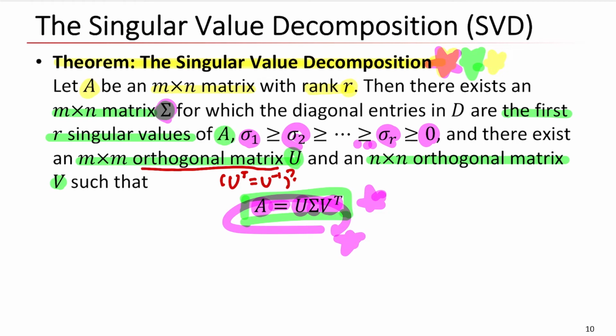This theorem says that there exists this decomposition with the matrices U, sigma, and V transpose. So let's think about how to find U, sigma, and V transpose.